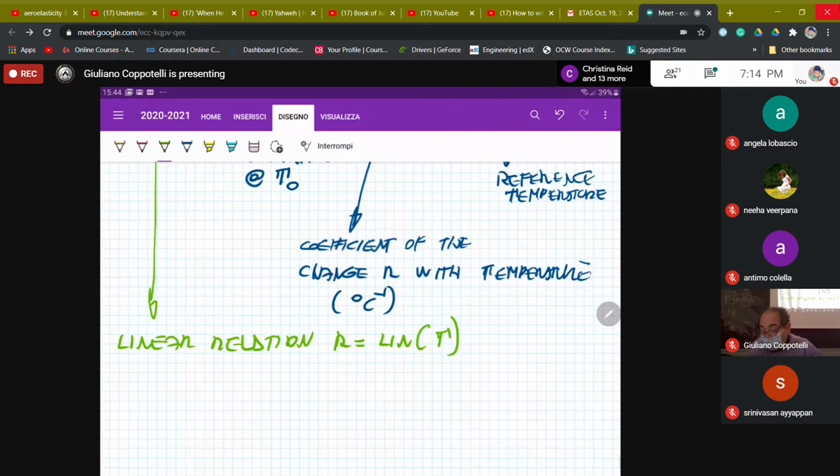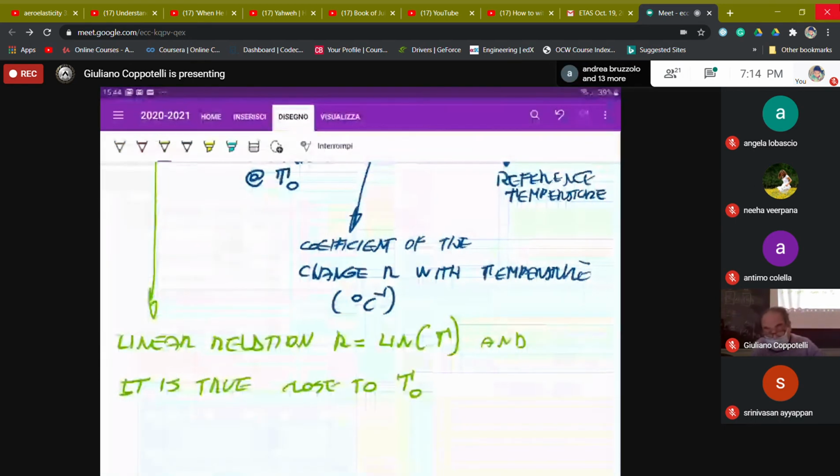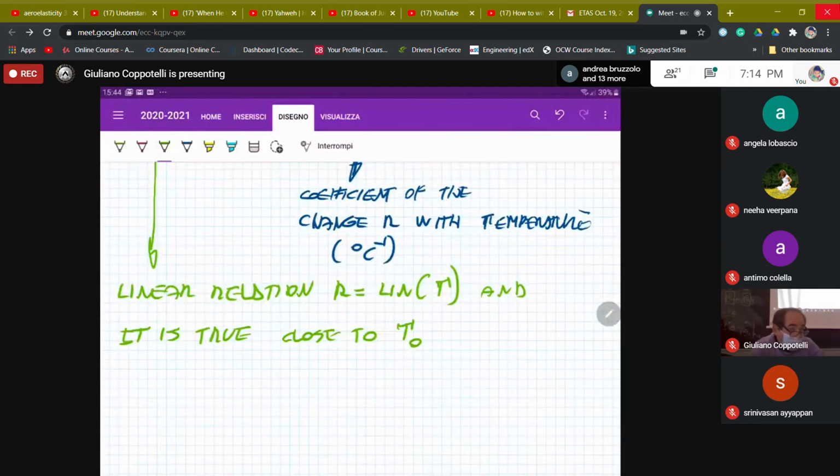Okay, and it is true close to T0, of course, because it's a linear expansion from the reference temperature T0. If you are not in the neighborhood of T0, but you have to consider a larger temperature range, then you can add an additional term to your linear expansion.